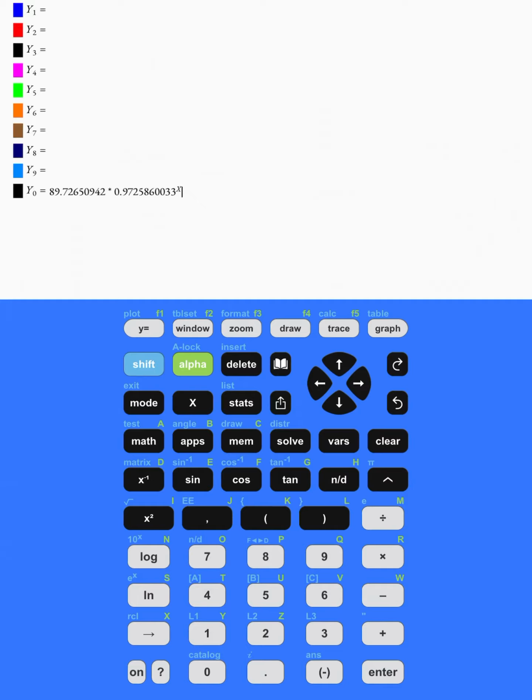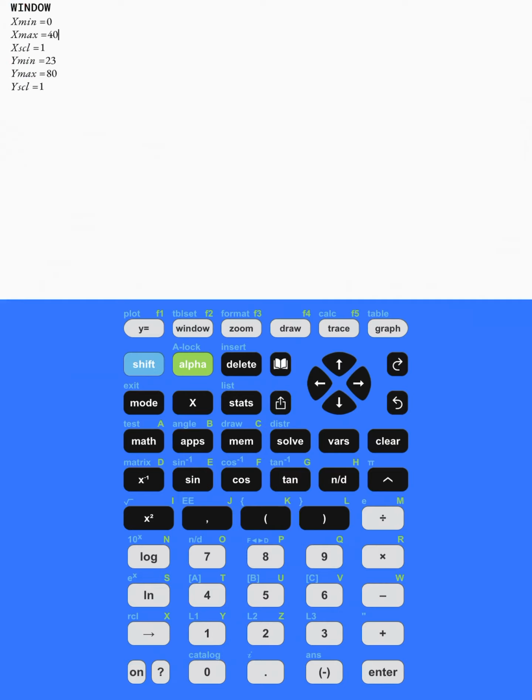What that does is it copies and pastes this equation. As you see, it pasted it here, but it really doesn't matter. You can paste in Y1, Y2, it just changes the color. Once you paste the equation, you're going to change your window. So press window.